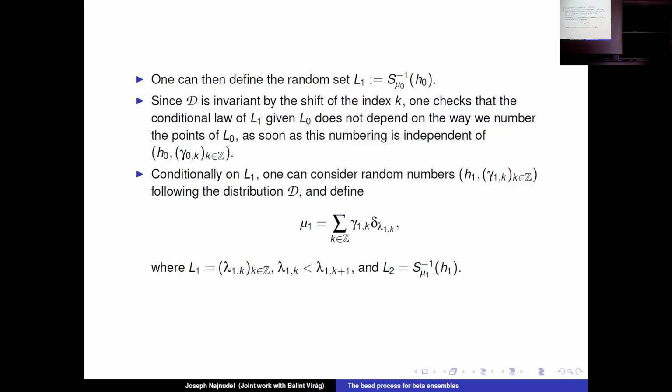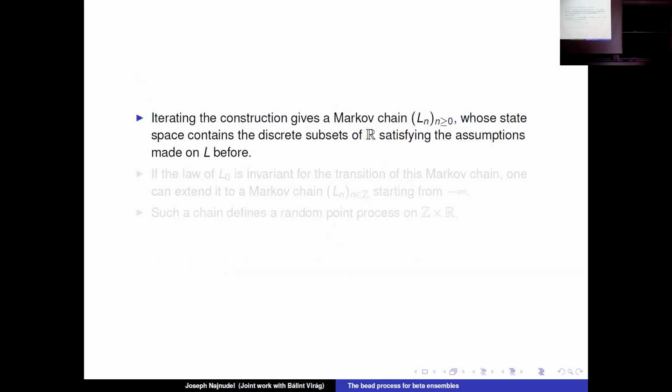So the possible states are the different configurations of points. Okay, and this is what I said, the state space. This is the discrete subset of R satisfying the assumptions made on L before.